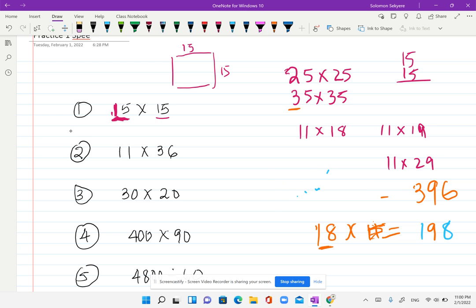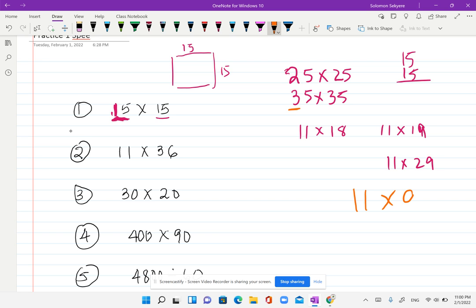Try these two. What about 11 times 19? Don't look at the 11. What do you do? 1 plus 9 is what? 10. So what are you going to do? Are you going to put the 10 in the middle? Okay, you have a problem.